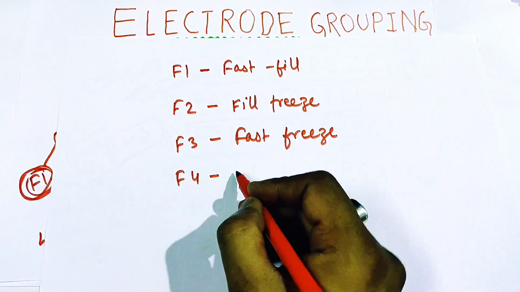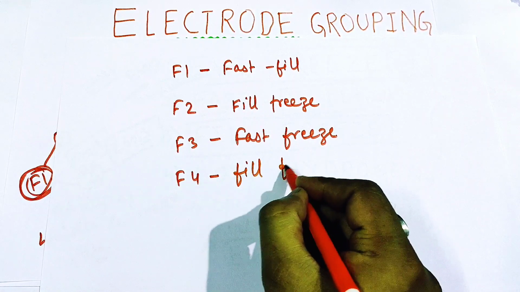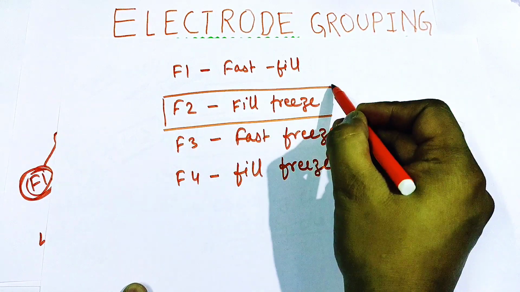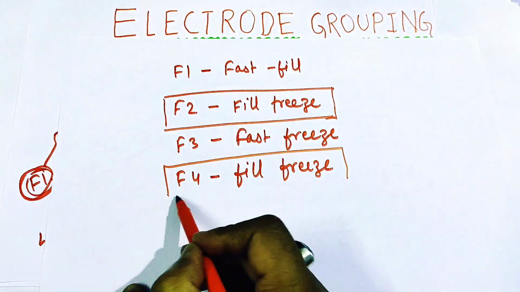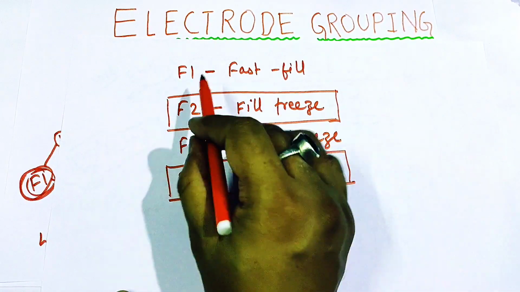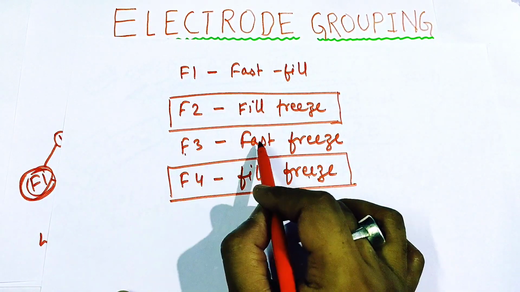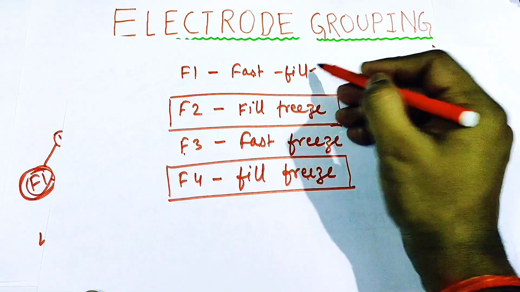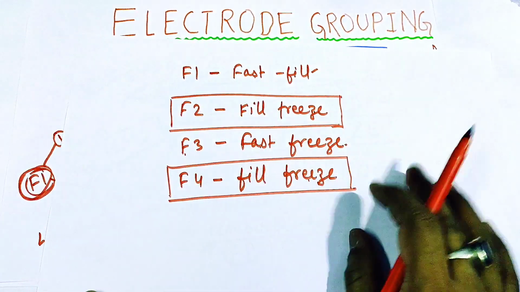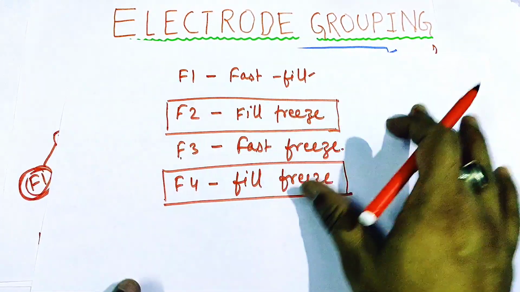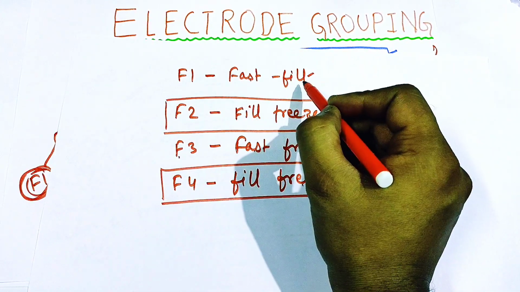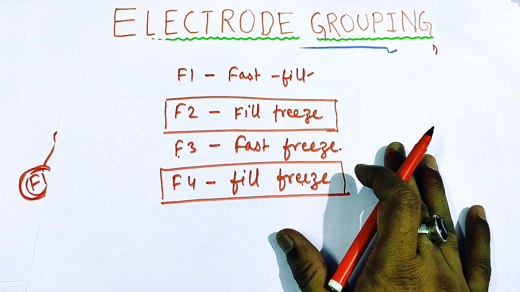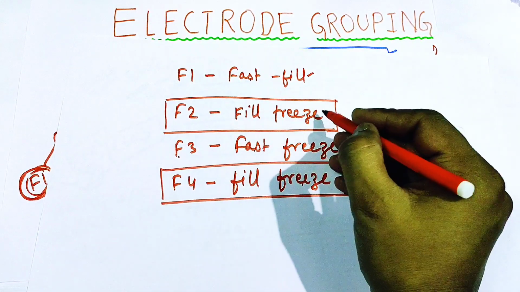And finally F4 is fill freeze. So F2 and F4 both are fill freeze electrodes, whereas F1 is fast fill and F3 is fast freeze. First let me explain F1 and F3, then I will explain F2 and F4. There is nothing more to explain because I have earlier explained what fast fill and fast freeze are. However, I'll explain F2 and F4.